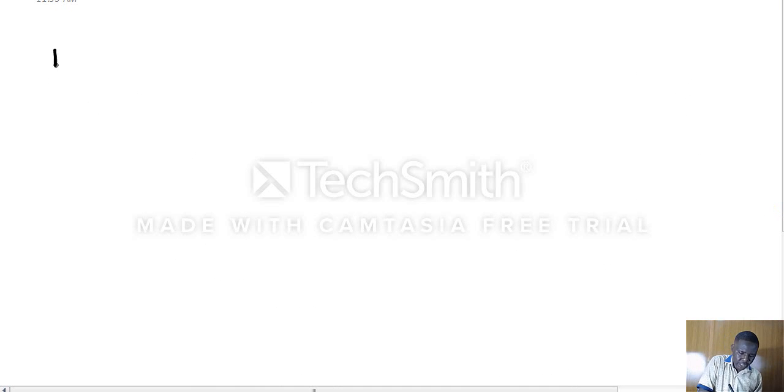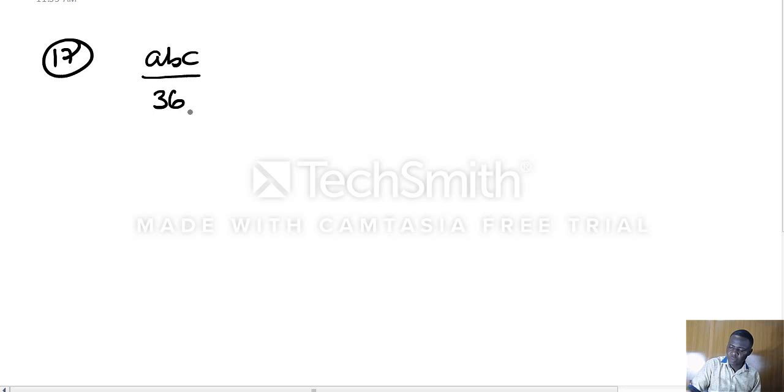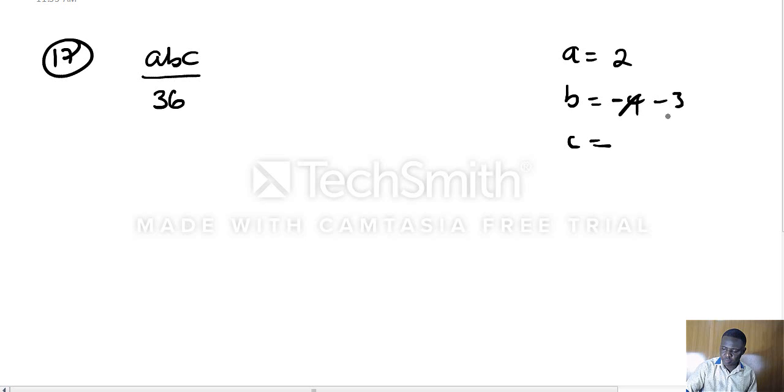So, question 17 says ABC divided by 36. Our values of A, B, and C have not changed: 2, minus 3 and 4.